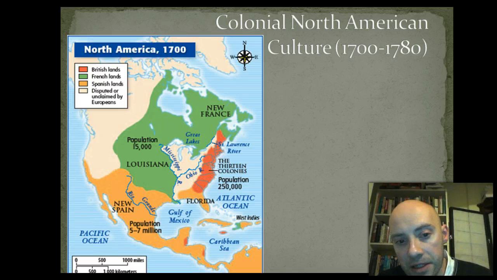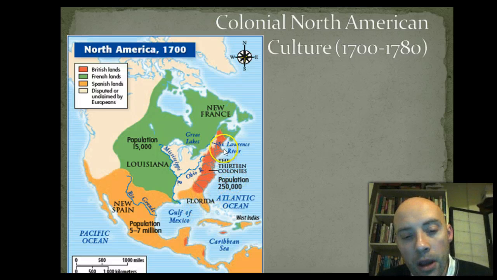The Carolina colonies down here were farming colonies, plantation colonies, and Georgia was a part of the Carolina colony at this time. Again, largely plantation colonies using slave labor for agricultural production. Relatively small overall population.